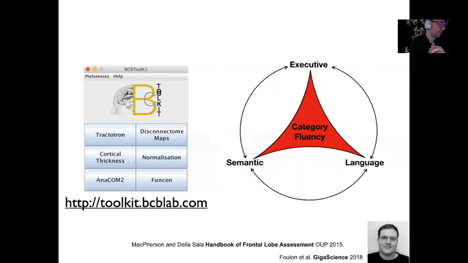It's a combination of other functions: the exploration of the semantic network to assess whether you are in the same or a different category; the organization of your thought, like traveling into different places and maintaining what you already said, which is an executive function; and the production of these different words, which is made through language. The three together integrate to produce this function that we call category fluency.